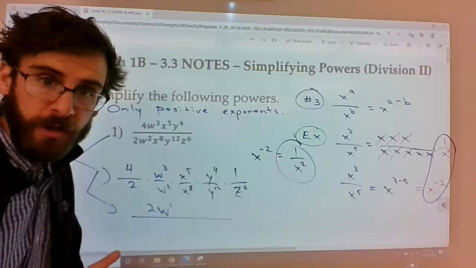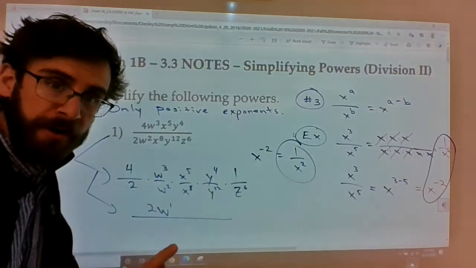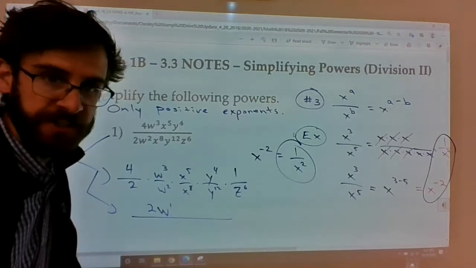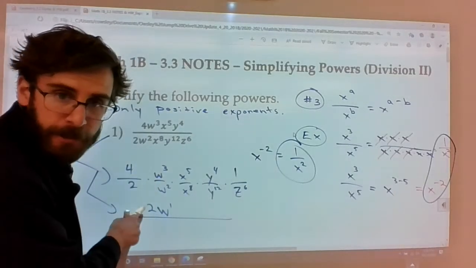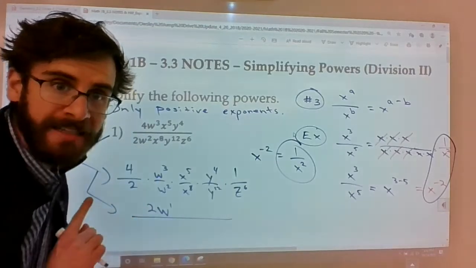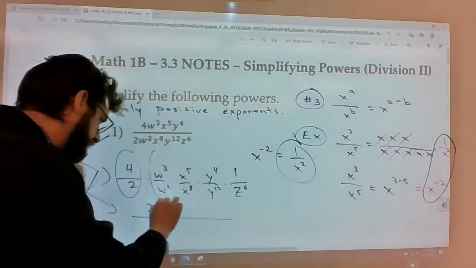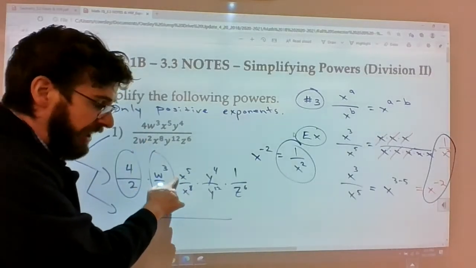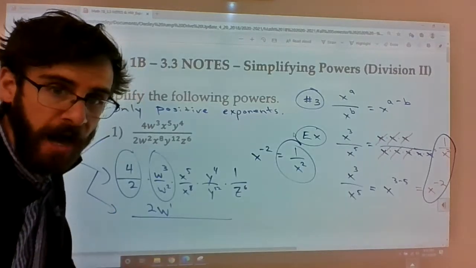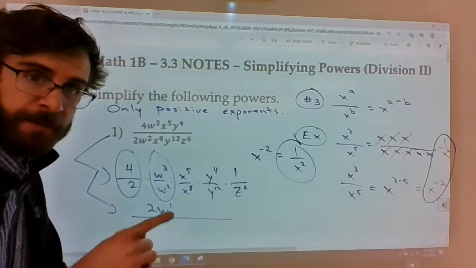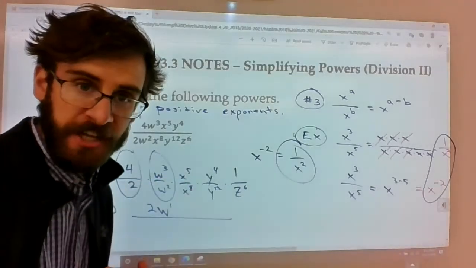Now here's the rule I'm going to go with. The bigger power is where the final answer is going to go for a positive exponent. So because the bigger power was on top, W to the 1 remains on top. If you look at x to the 5 divided by x to the 8, the bigger power's on the bottom, so my final answer is going to be on the bottom. 5 minus 8, the difference is going to be 3.